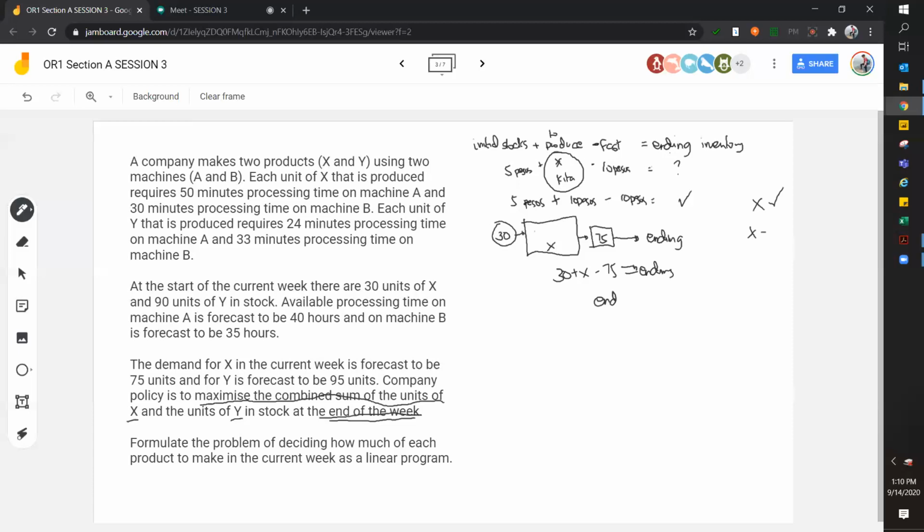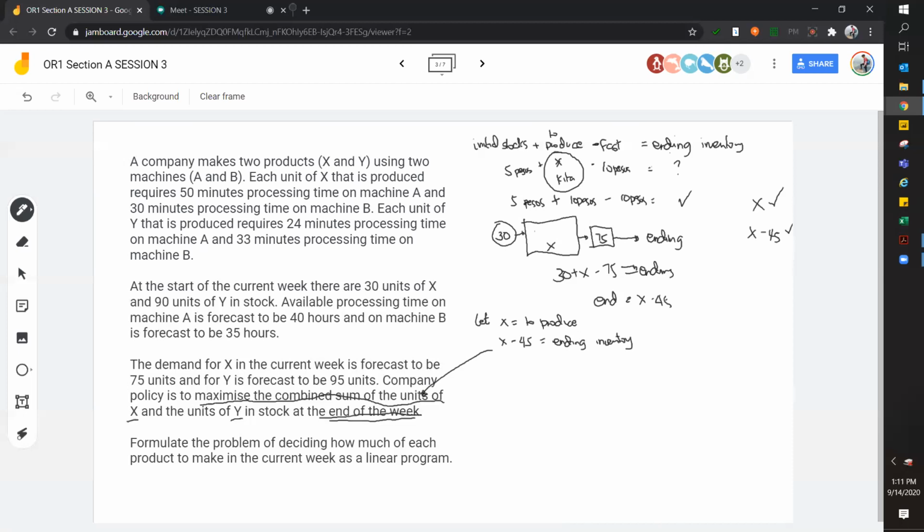So ending is equal to X minus 45. Una, hanapin ko si X, tapos hahanapin ko si X minus 45. Ilelet ko na X is equal to produce, and then X minus 45 ito yung aking variable, which is yung ending inventory. Okay?